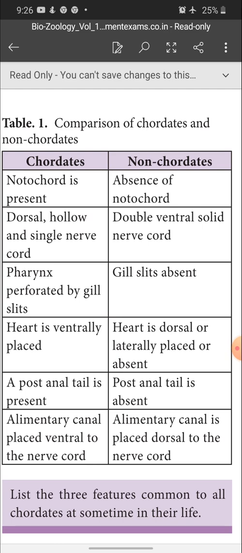The heart is ventrally placed; in non-chordates it is dorsal, laterally placed or absent. A post-anal tail is present in chordates and absent in non-chordates. The alimentary canal is ventral to the nerve cord in chordates, but dorsal to the nerve cord in non-chordates. See children, this is the difference between chordates and non-chordates, and you may get a 3-mark or even a 5-mark question on it.